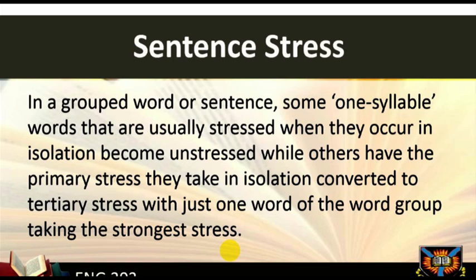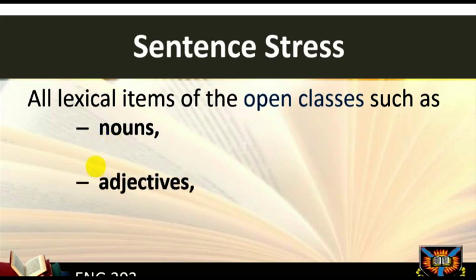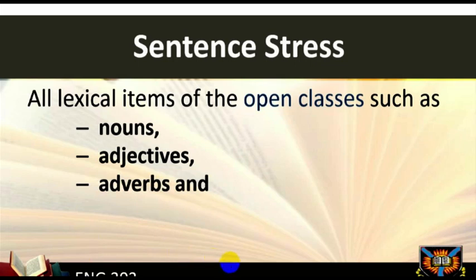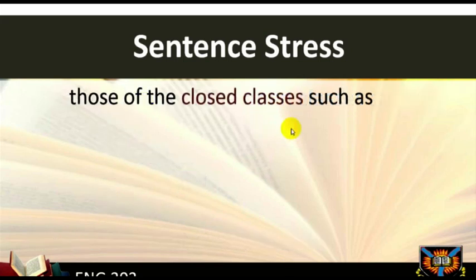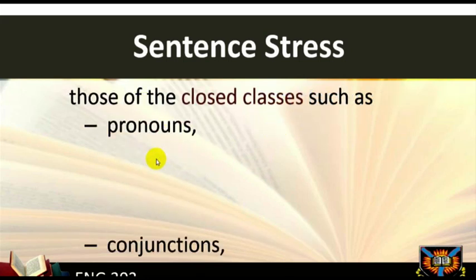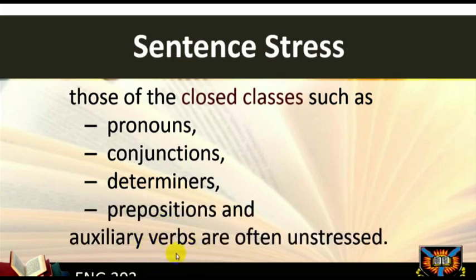All lexical items of the open classes, such as nouns, adjectives, adverbs, and verbs, have an inherent stress pattern, while those of the closed classes, such as pronouns, conjunctions, determiners, prepositions, and auxiliary verbs, are often unstressed.